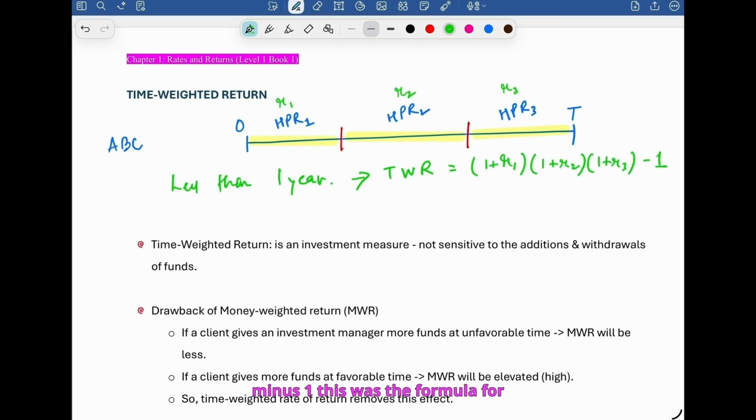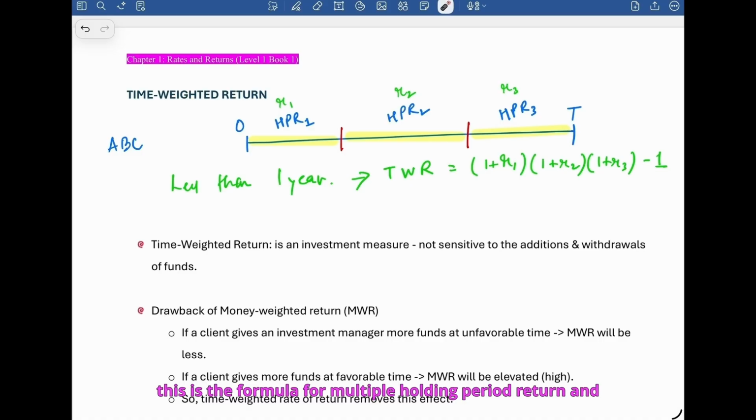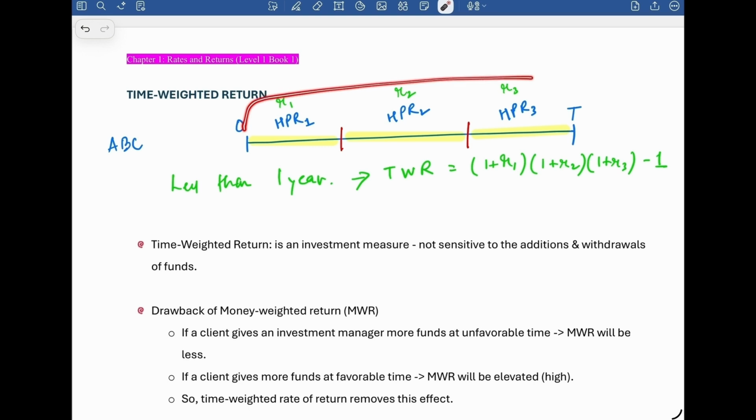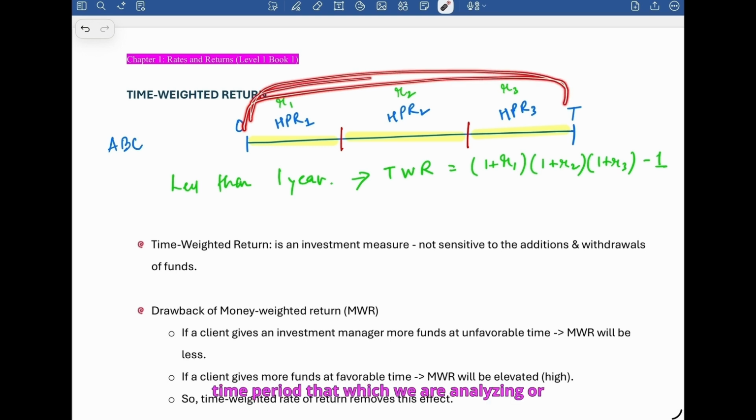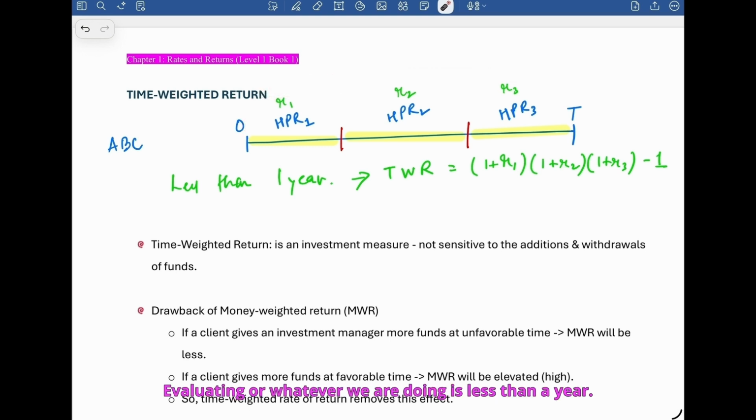This is the formula for multiple holding period return, and it will be the time weighted return formula if the time period we are evaluating is less than a year.